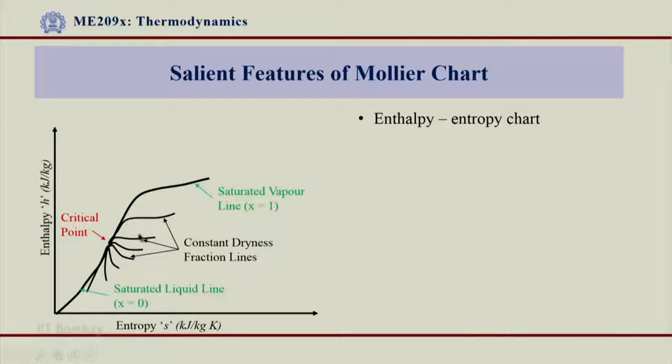What one can also understand from this is that the enclosed region between these two would be the wet region or a two phase mixture, vapor plus liquid together, and on this side will be the single phase region. So, this is my wet steam, wherein x is less than 1, and above it what I call superheated steam, where in this region we will have superheated steam, all right.